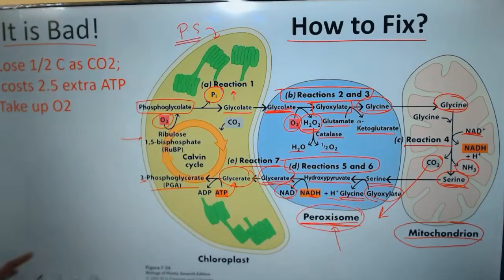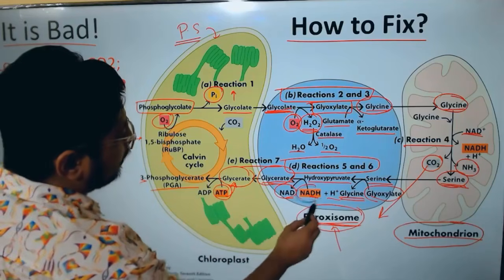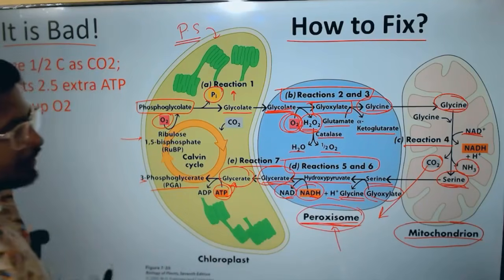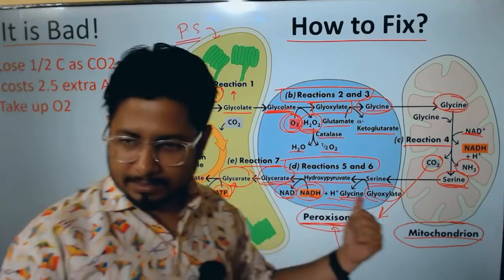And you see in this process, there is involvement of ATP, involvement of NADH, right? Oxygen involvement. So there is a lot of energy involvement in this whole process. That's a bad thing, but still, plants fix it like this.